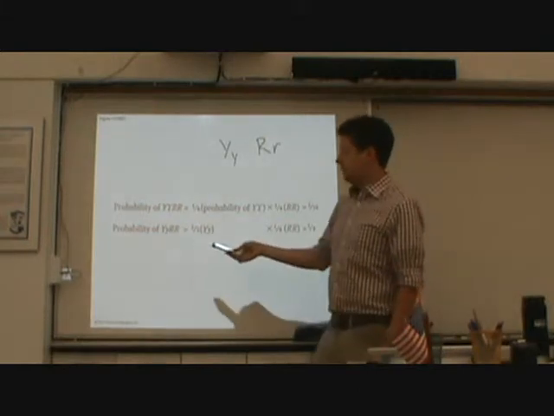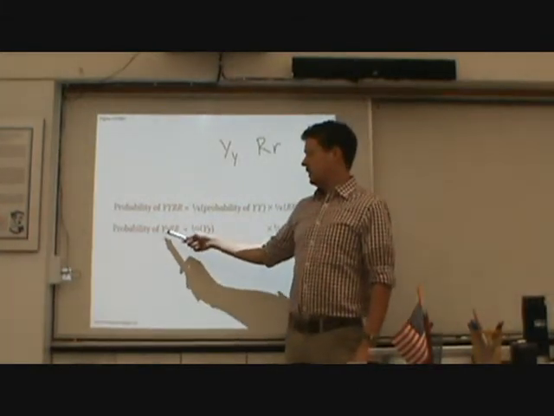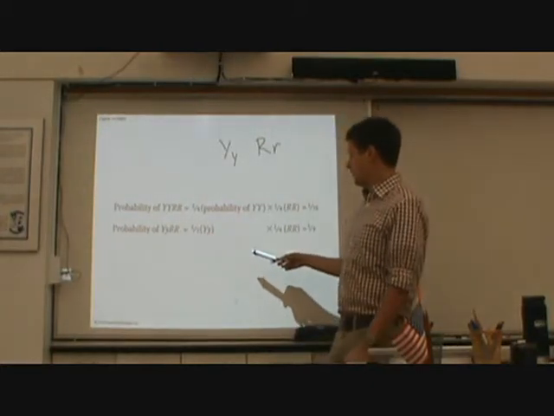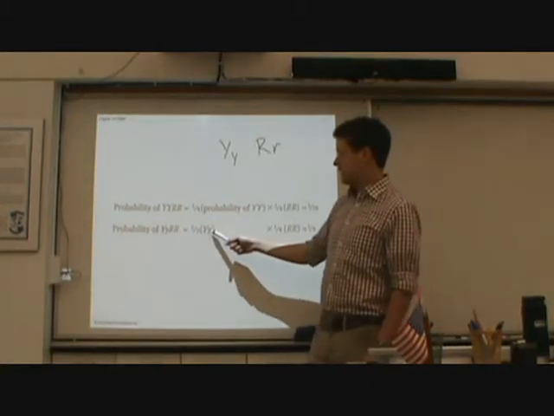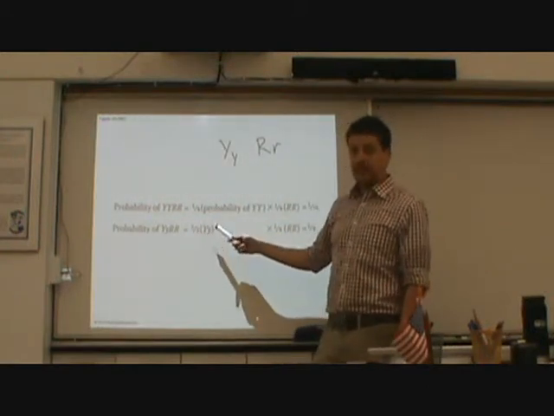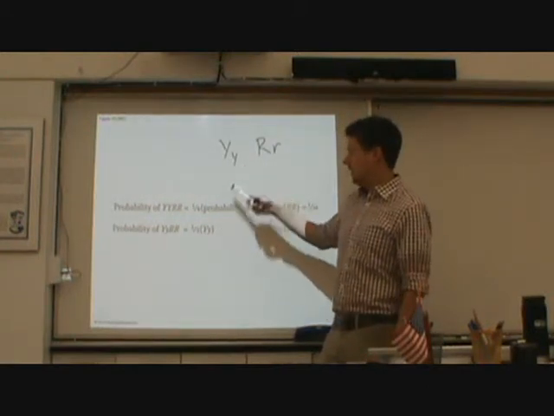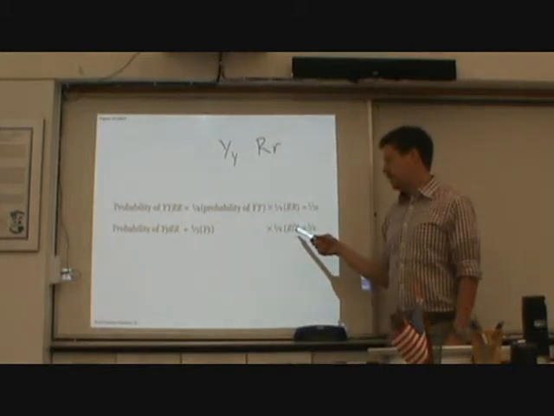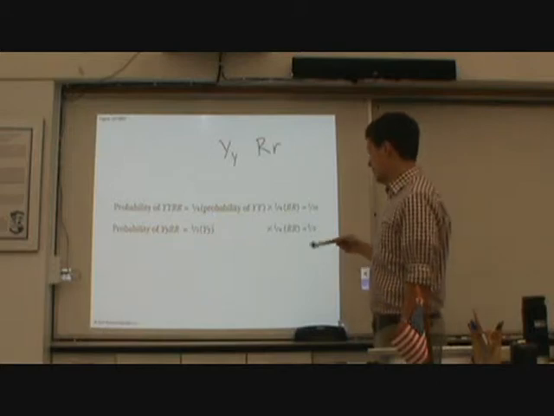And the likelihood of getting a heterozygous Y plus homozygous dominant R is going to be 1/8, because the likelihood of getting a heterozygous Yy is 1/2 and the likelihood of a homozygous RR is 1/4.